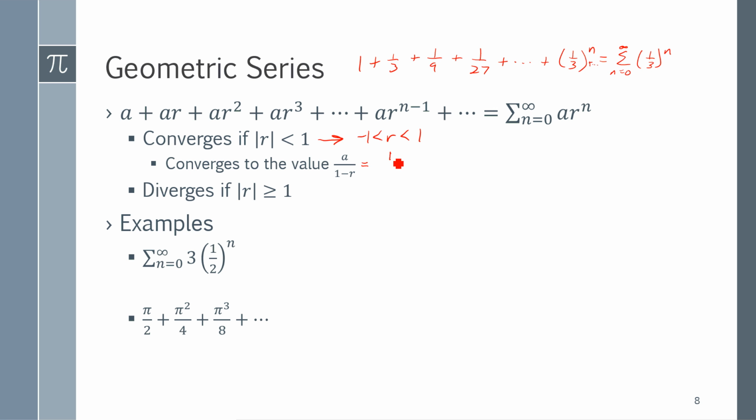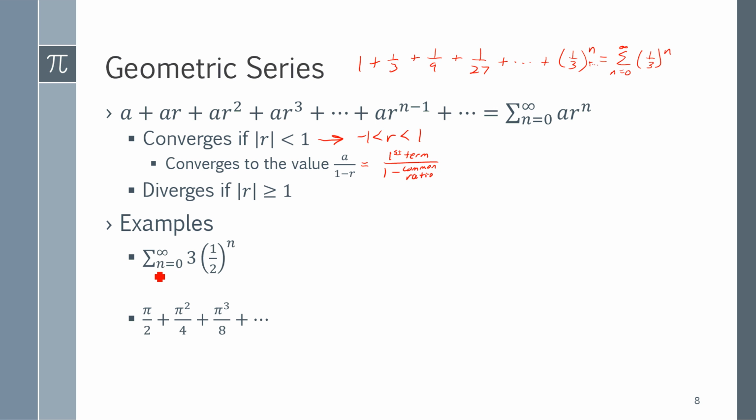And it's going to be my first term over 1 minus the common ratio. And then if my common ratio's absolute value is greater than or equal to 1, then that means that the series would diverge.